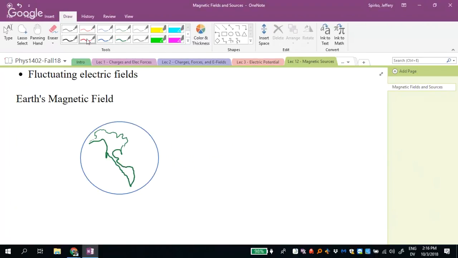Now, the magnetic field of Earth points north. So wherever you are on the globe, the magnetic field points north. There's only one problem with that idea. Magnetic fields are supposed to form loops.